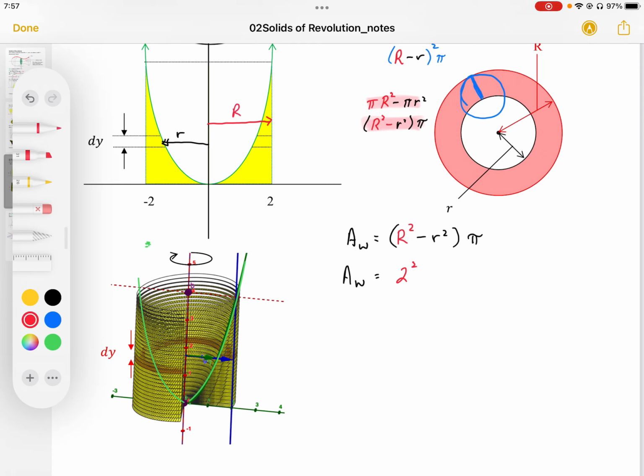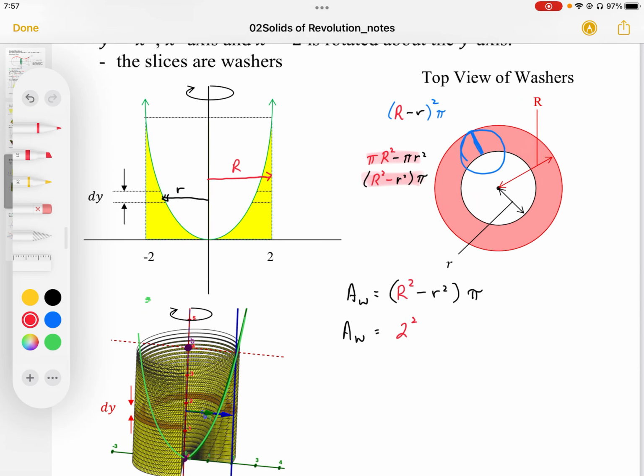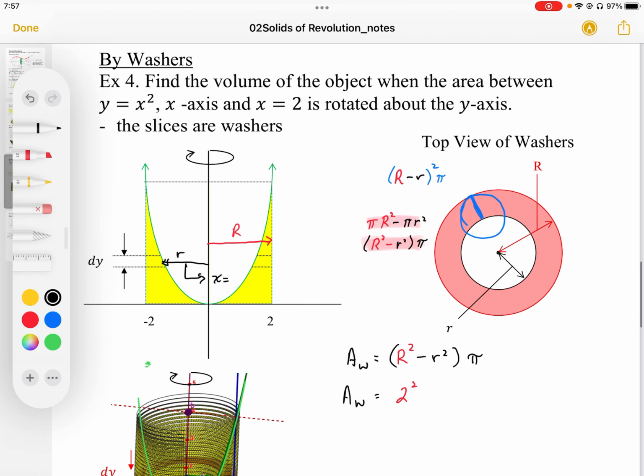That little radius is going to be determined by the x value. This length here, we're going to say is x, and we need to express that in terms of y. So if y equals x squared, the function is x equals plus or minus square root y, and that's going to allow us to use our dy.